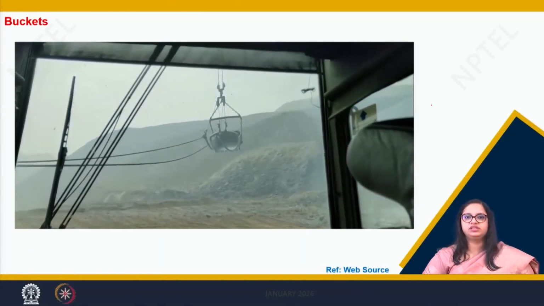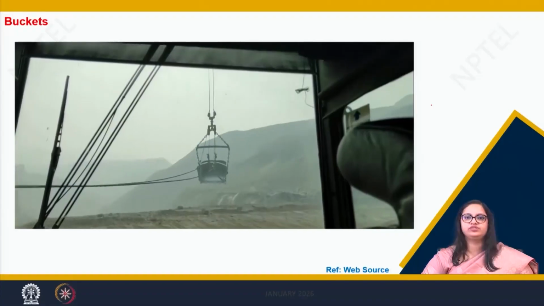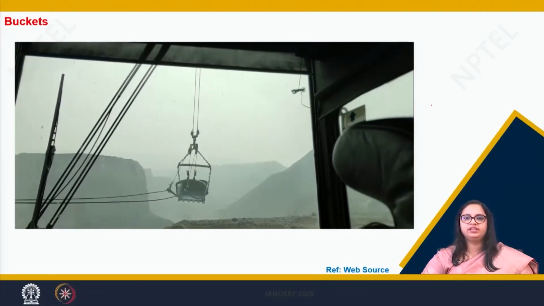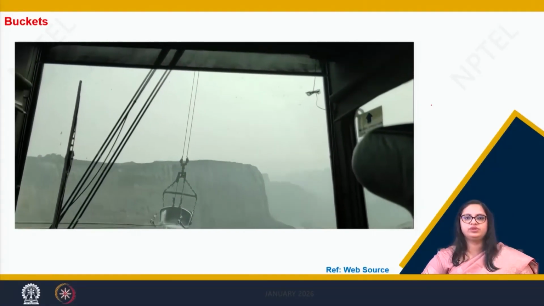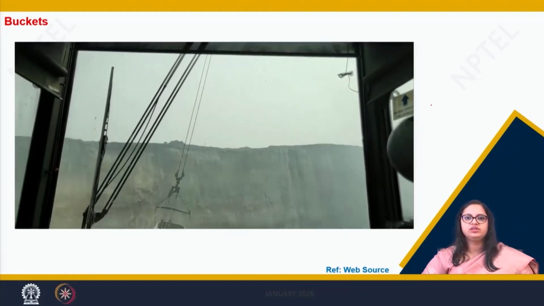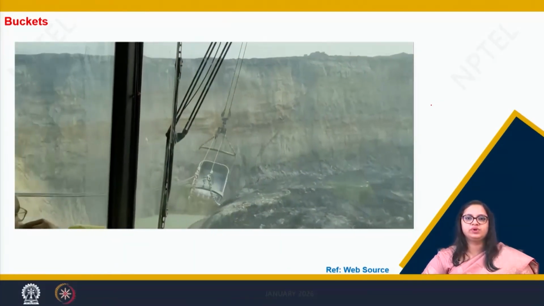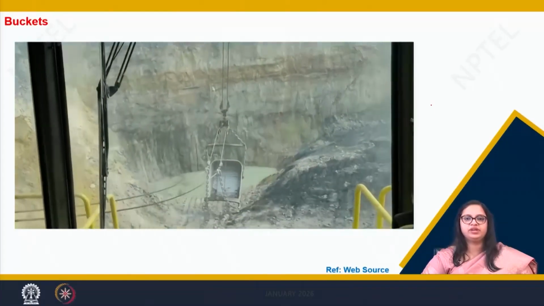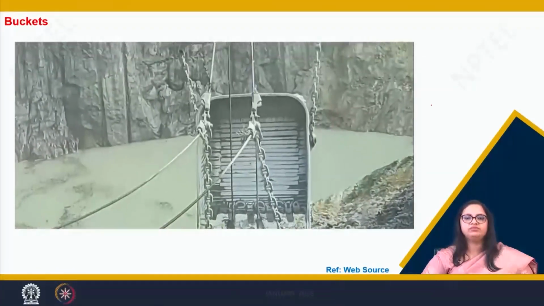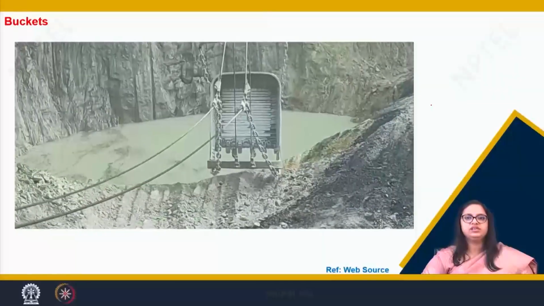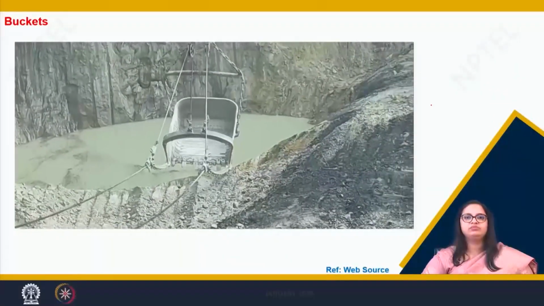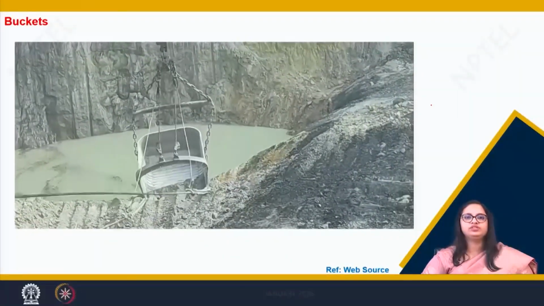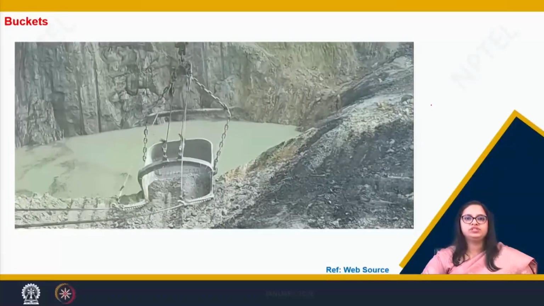Now, this slide shows the functioning of how the bucket gets filled. This is what you are seeing, the swinging action, and now the dragline is operating below the working depth. As you can see here, the hoist cable is now in operation, which has loosened.